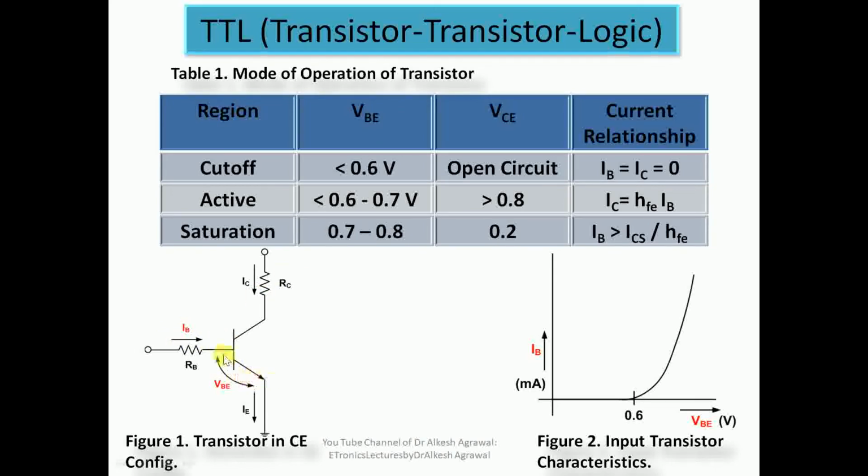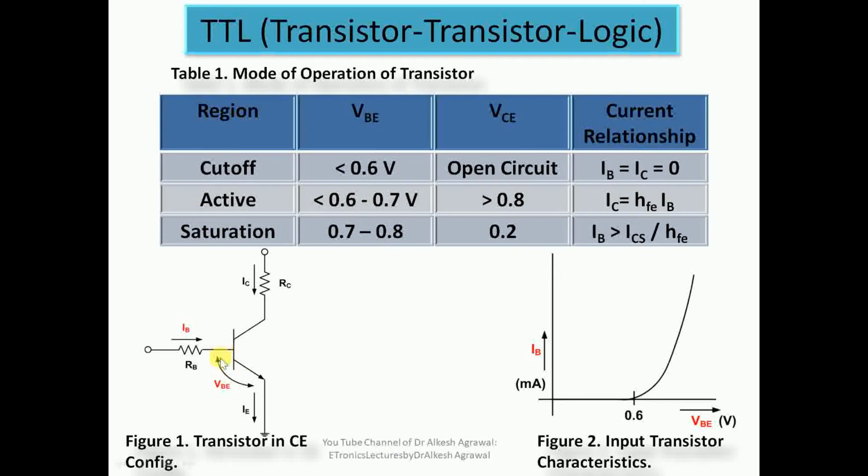When this VB voltage is less than 0.6 volt, the output taken at VC is open circuit, that is, it will be in cutoff mode, it will not be operative. In that case, IB is 0. When IB is 0, IC, which is beta IB, will also be 0.